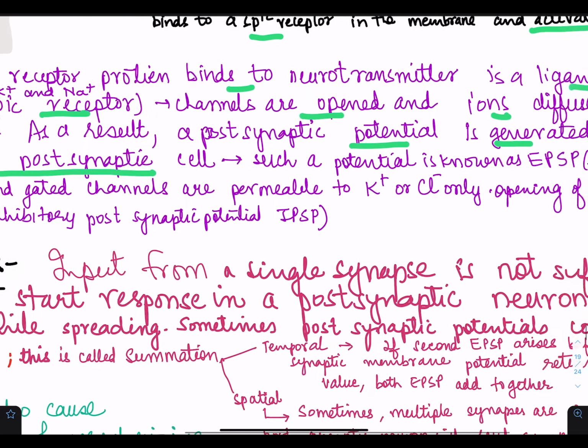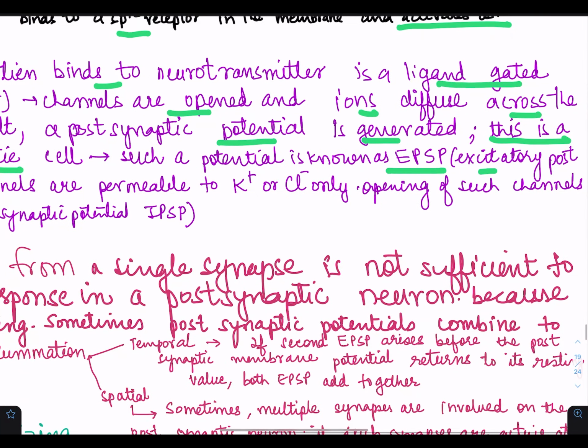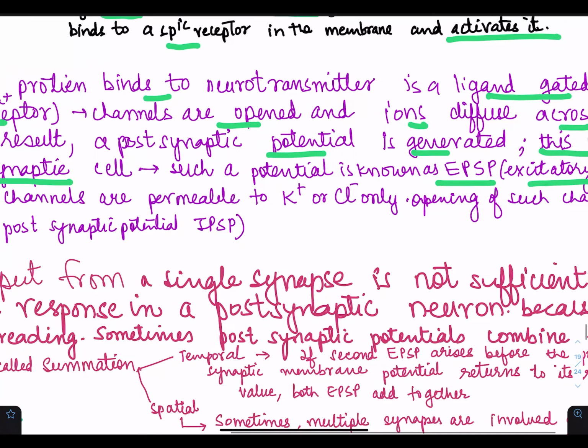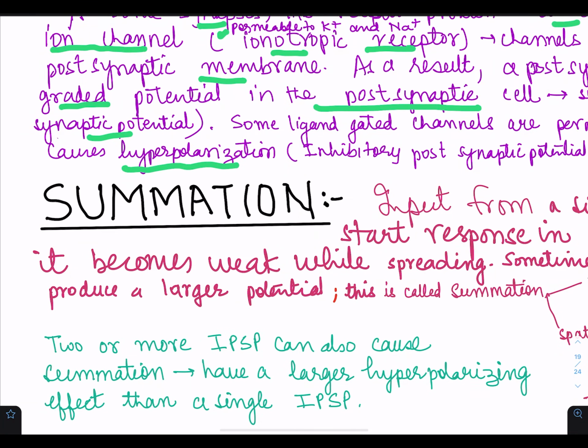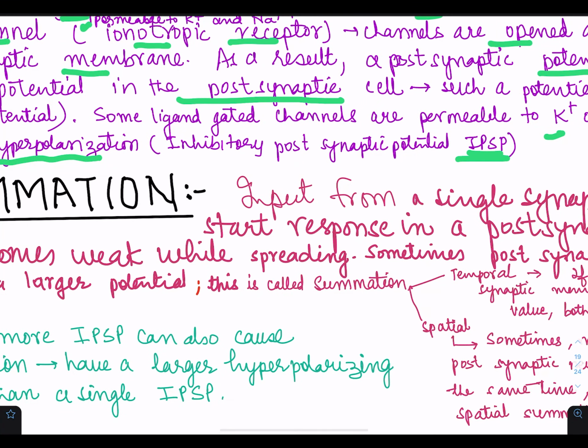Such a potential is known as EPSP, or excitatory postsynaptic potential. Some ligand-gated channels are permeable to potassium or chloride only. Opening of such channels causes hyperpolarization, and this is known as IPSP, or inhibitory postsynaptic potential.